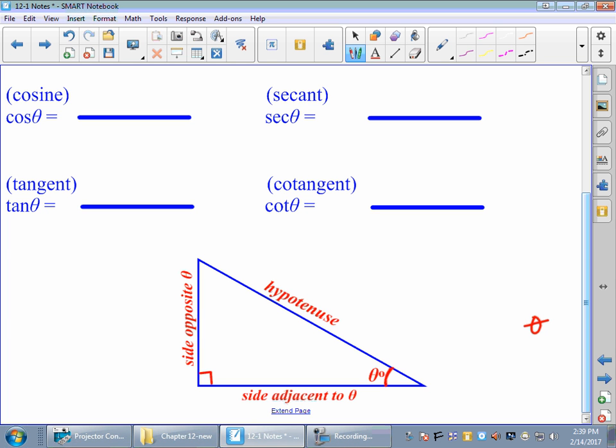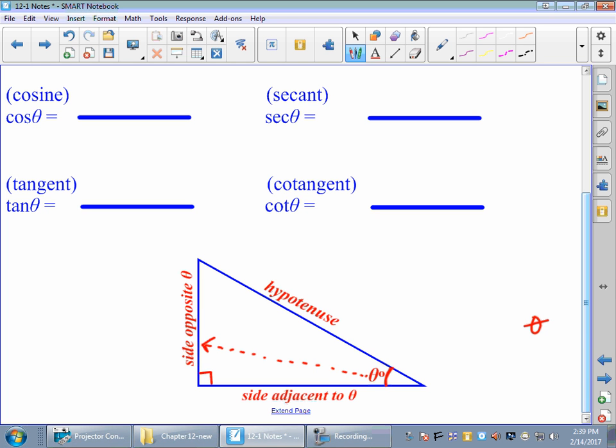There's two acute angles, okay, but when I am talking about side opposite and side adjacent, it's all relative to where you're looking from. So if I'm looking from theta, angle theta, and my line of sight goes across my triangle, that is the side opposite my angle. It's opposite the angle.